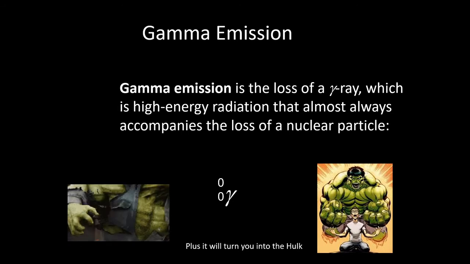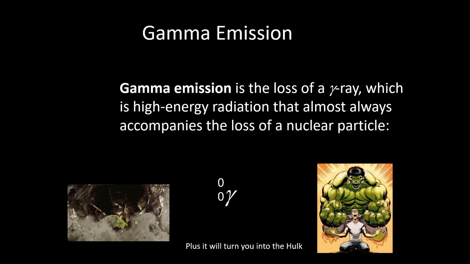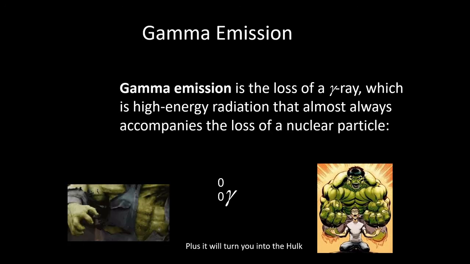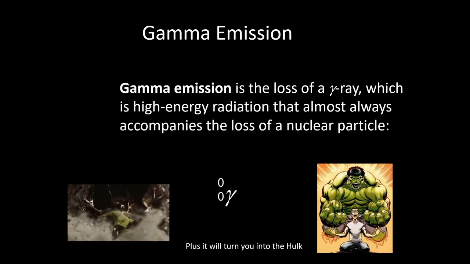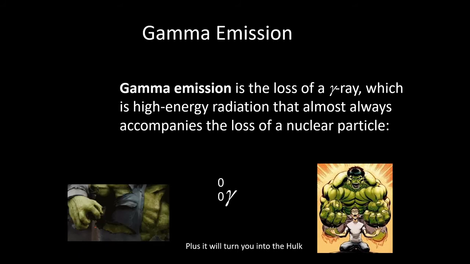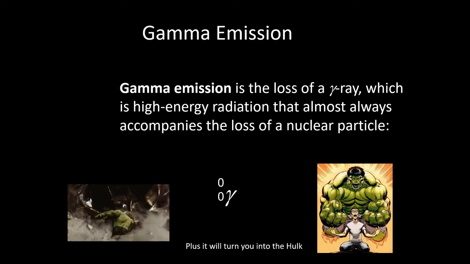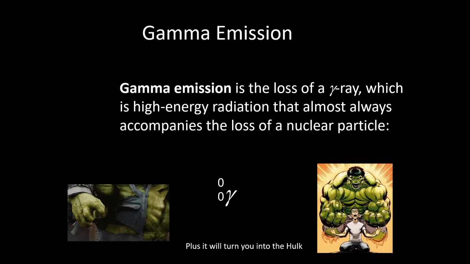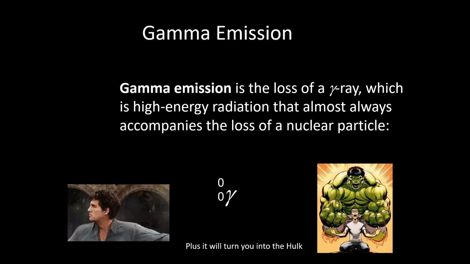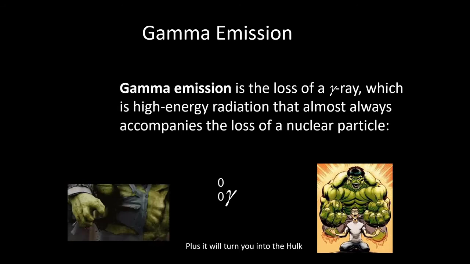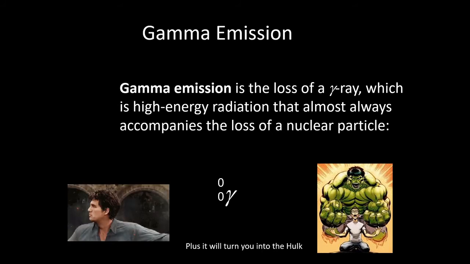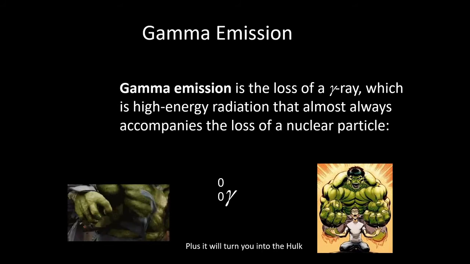The next kind of decay here is gamma emission. This one is unique because we're not actually losing a particle, at least in the traditional sense of losing a particle. Technically, photons are particles, but we are losing high-energy light. High-energy radiation is what is being emitted by the nucleus in this case.